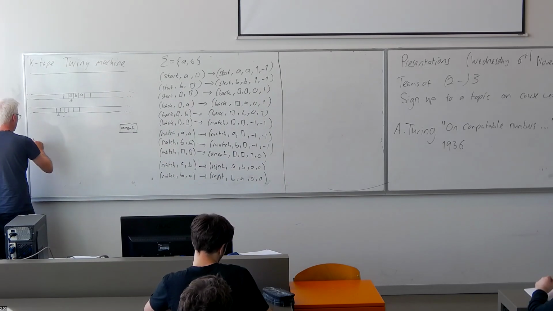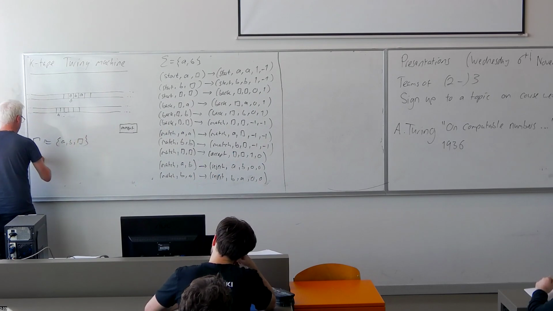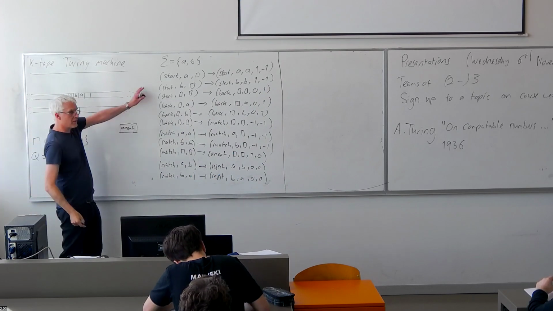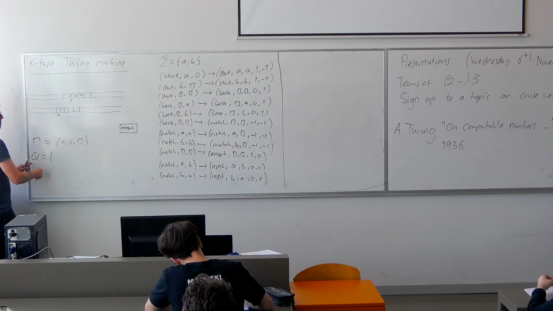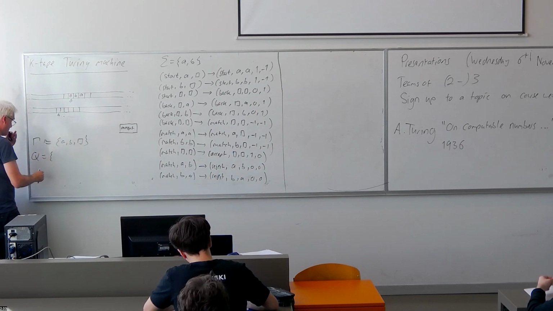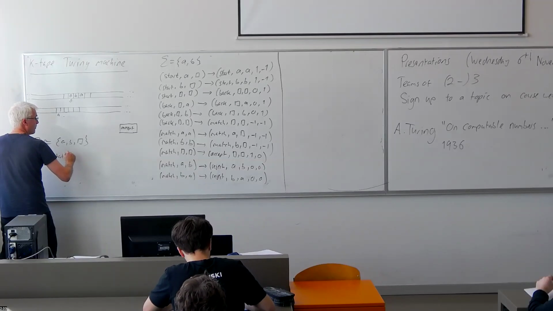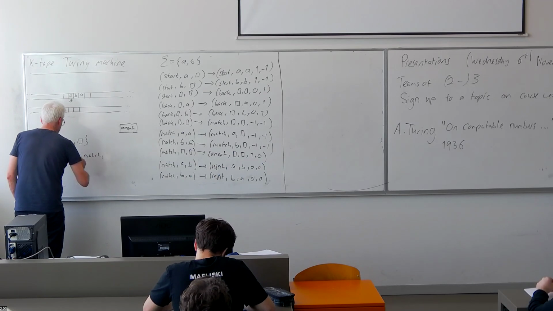Its tape alphabet, as we can see, is A, B, blank. To specify it, we would give this transition partial function, the tape alphabet, and the set of states, which is start, back, match, accept, reject.